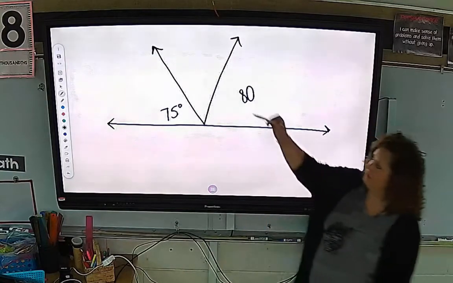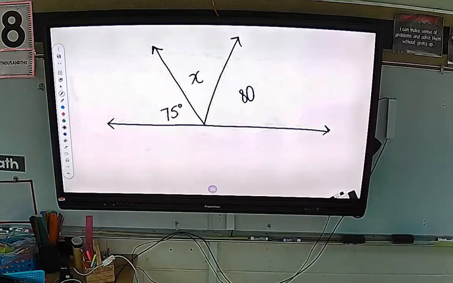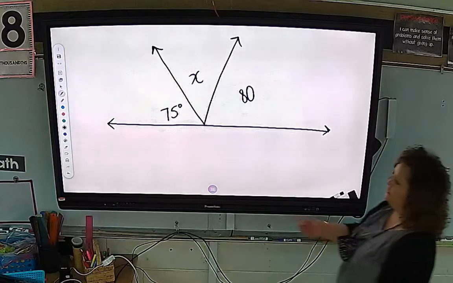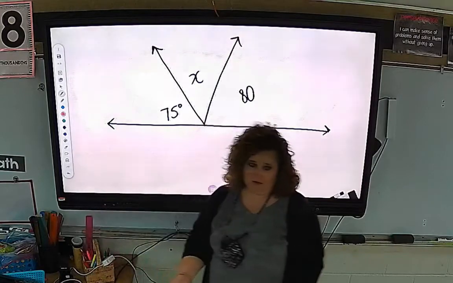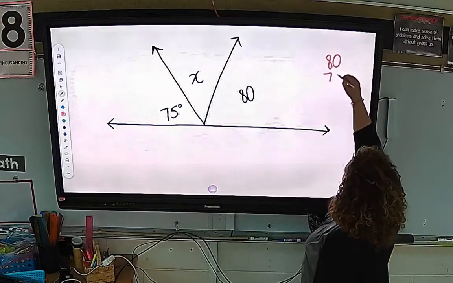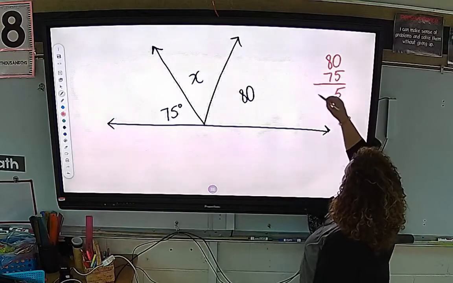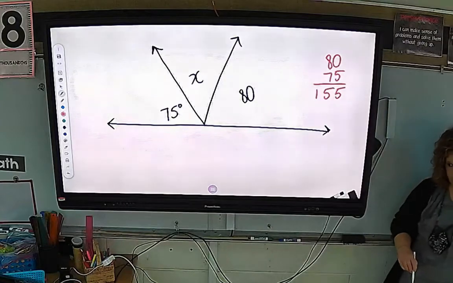what would X be now? So what would you do? You don't have to tell me the answer right now, but what would you do to figure it out, Martin? Add 75 and 80. Okay, I'm going to start off by adding these two. But is that my final answer? No, I'm going to add those two. I'm going to get 155. And then, what am I going to do?